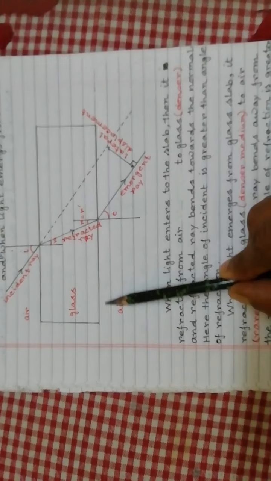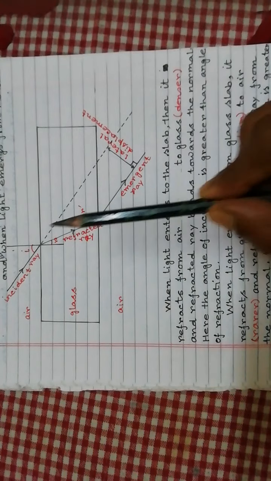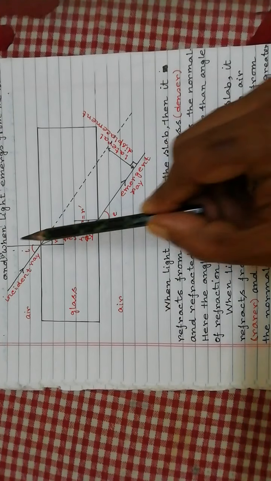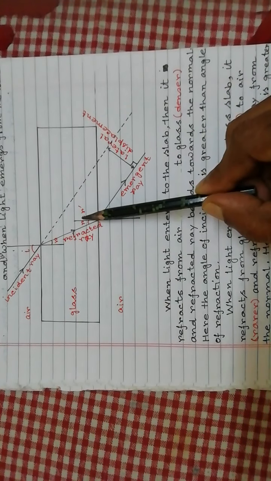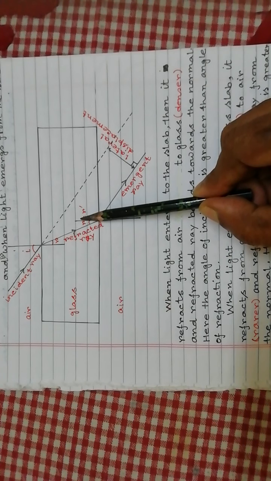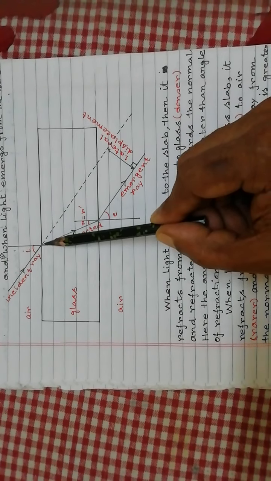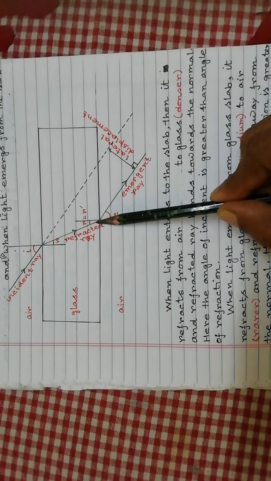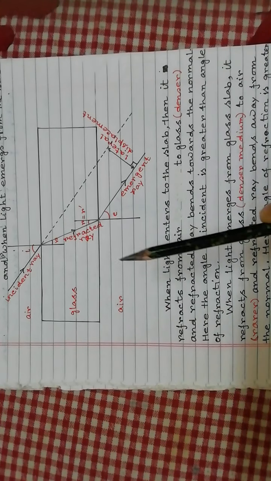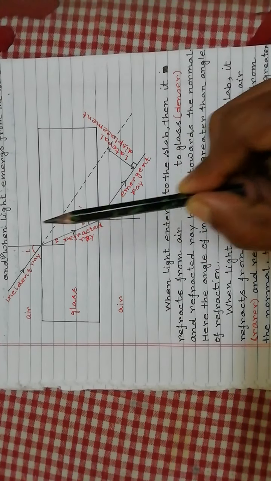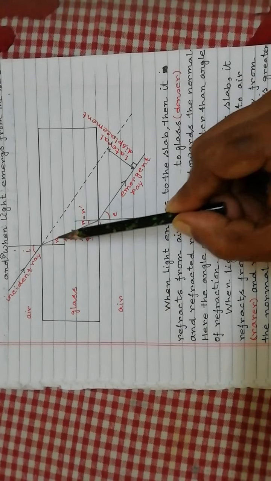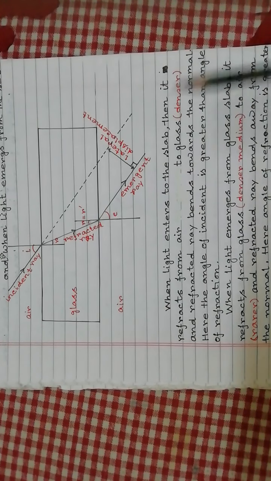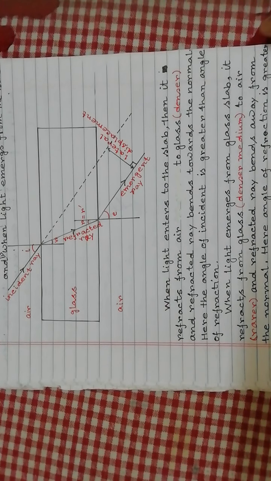So this and this are parallel to each other. And the normals, this and this, are also parallel to each other. As these two are parallel, and if you take this as a transversal, from simple geometry you can say this angle and this angle are equal, being alternate angles.